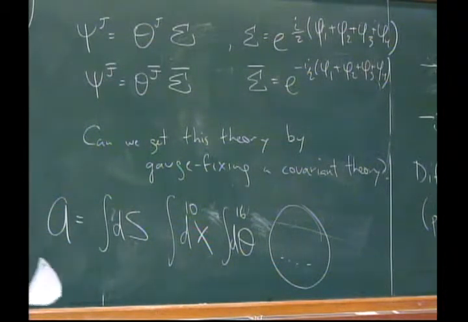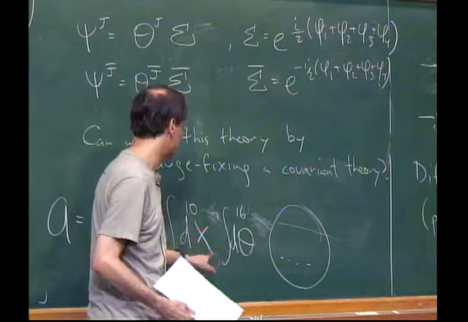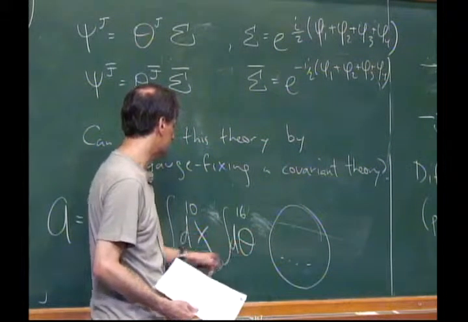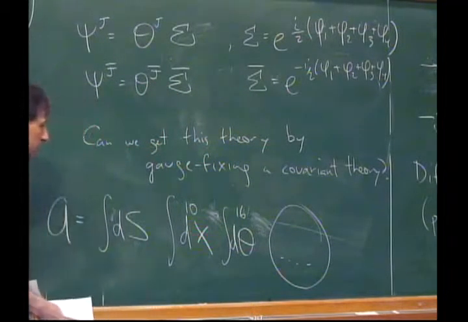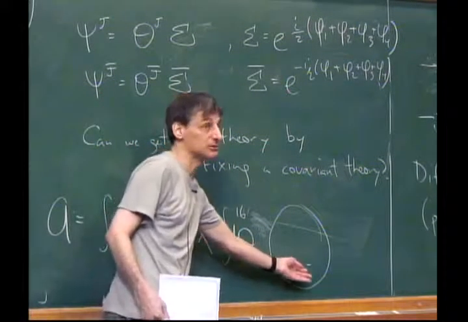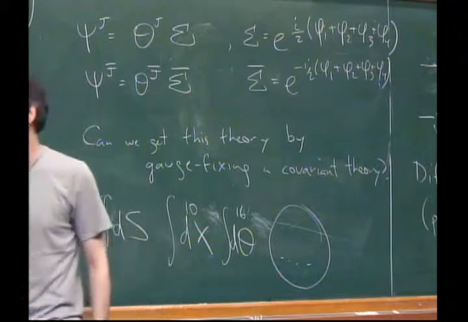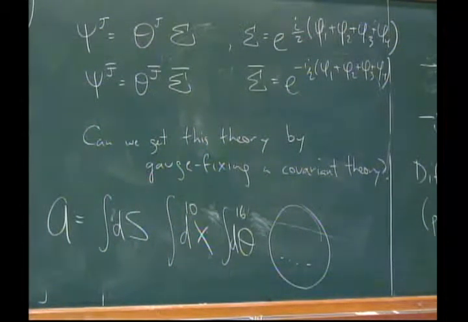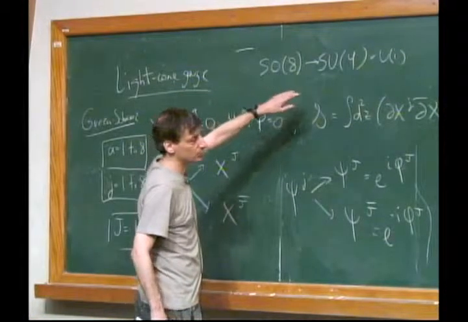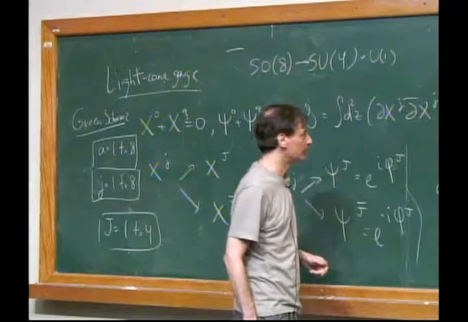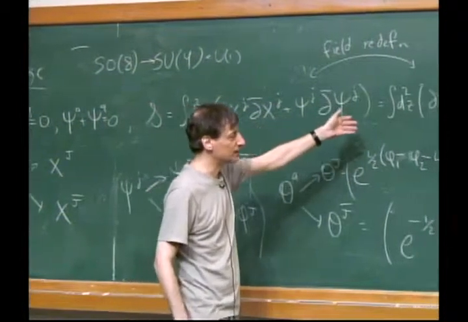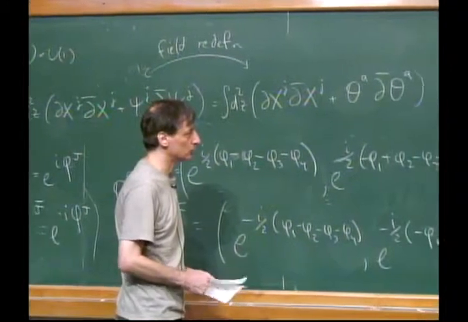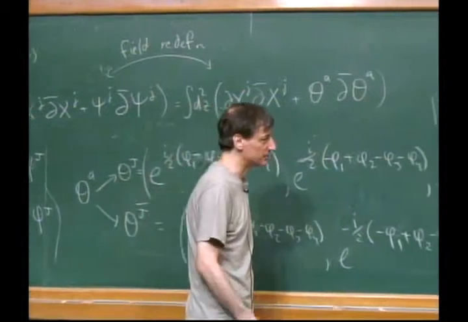I should say that Green and Schwarz tried to do it with just these x's and thetas, but it turns out they did not succeed. We need some extra variables. For those who know something about bosonic string theory, they relate to the ghosts. When I discuss this theory for the bosonic string, one integrates over the x's, but you also get some ghosts coming from gauge fixing the two-dimensional metric. In RNS, you also get two-dimensional ghosts coming from integration over the worldsheet graviton and also the worldsheet gravitino.